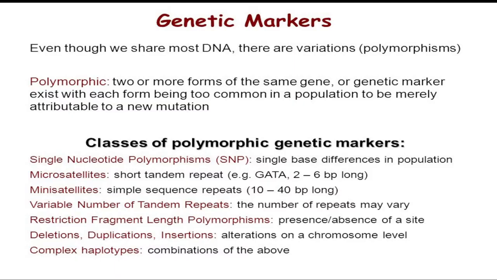Minisatellites, simple sequence repeats, are from 10 to 40 base pairs long. Variable number of tandem repeats: there are many repeats and their number may vary. Restriction fragment length polymorphism is the presence or absence of a restriction site. Deletion, duplication, insertion are alterations at the chromosome level. And complex haplotypes are a combination of the above.